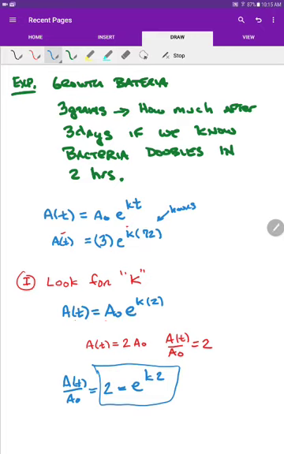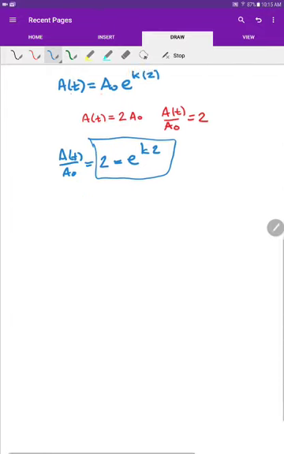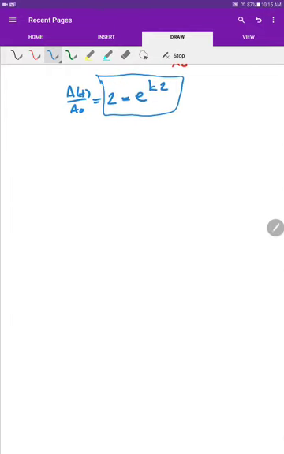So solving this relationship is something we can do. We have a k there. Anytime we have a value trapped in the exponent, what's the best thing to do? Best thing to do is to take the natural log of both sides. Since this is base e, we can take log base e, which is the natural log, of both sides. Natural log of 2 equals natural log of e to the k times 2. Natural log of 2 is a number; we can get that out of our calculator.